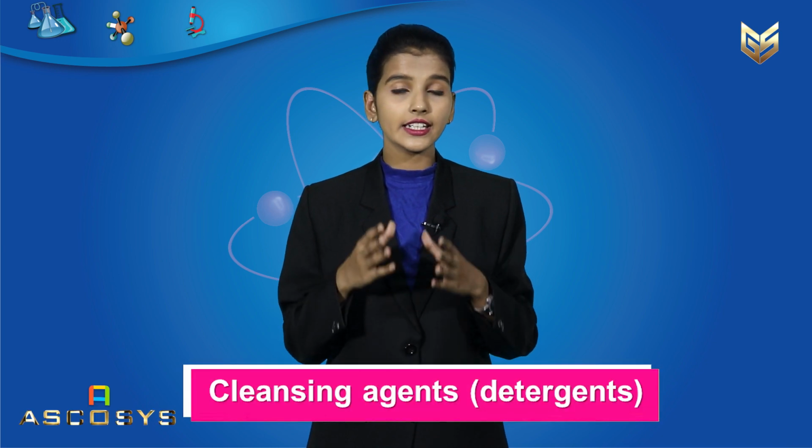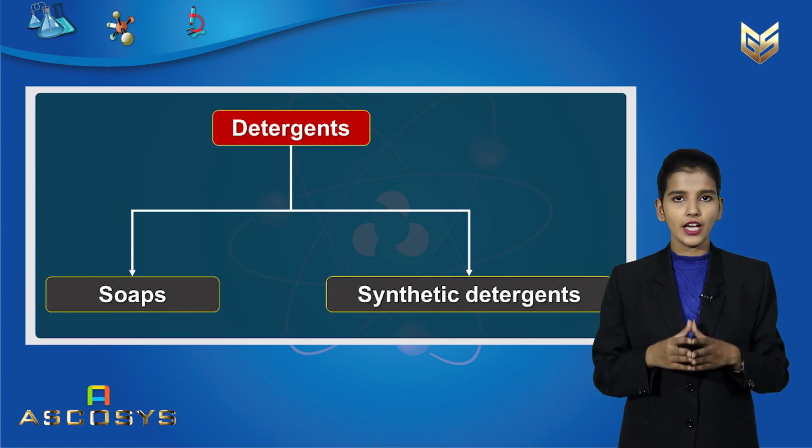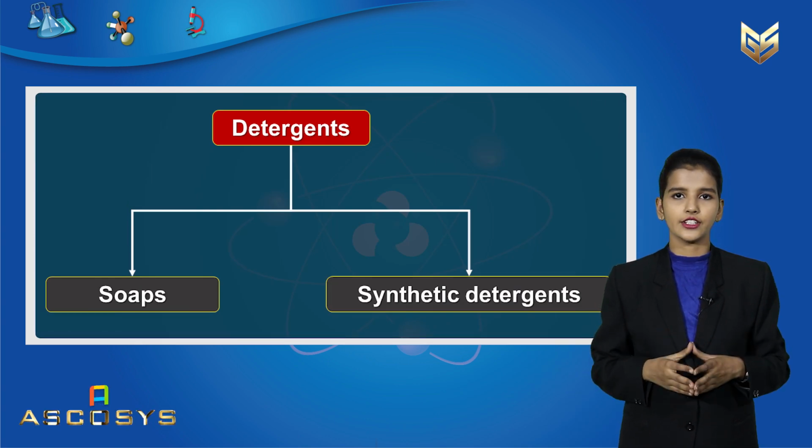Now we will discuss chemicals in cleansing agents. In cleansing agents or detergents, we have soaps and synthetic detergents. What are soaps? Soaps are sodium or potassium salts of long chain carboxylic acids. You can see a reaction on the screen.